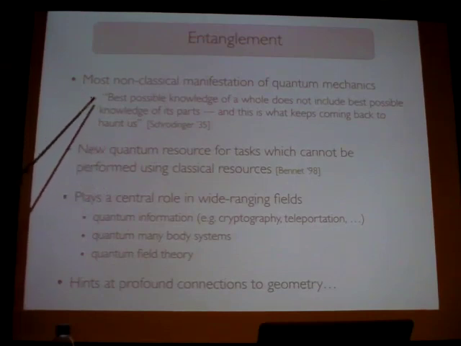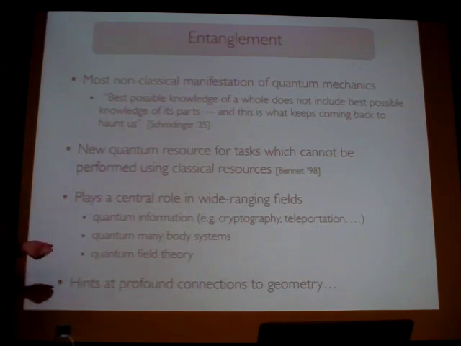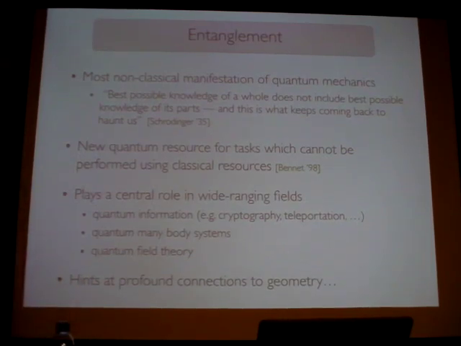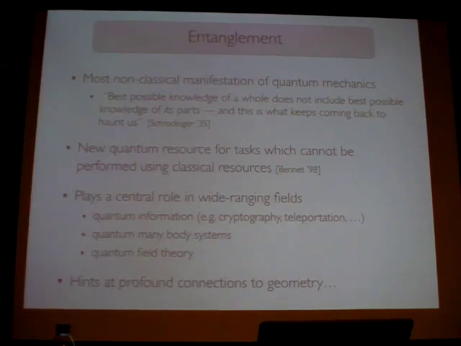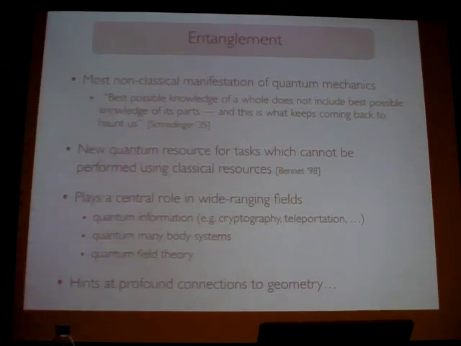Schrödinger characterized it as: the best possible knowledge of a whole does not include the best possible knowledge of its parts. And indeed, that aspect is still behind the most pressing paradoxes in this area even today.